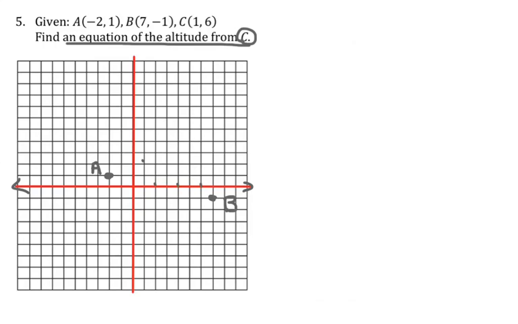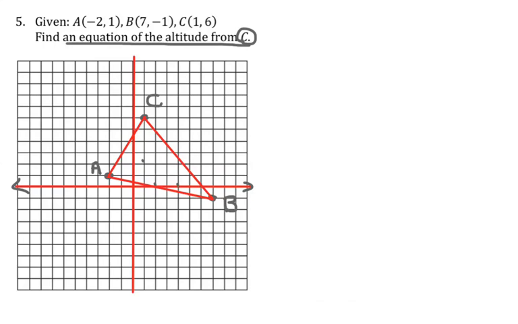So the triangle that we end up getting would be something like this.